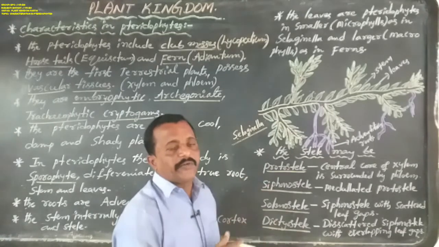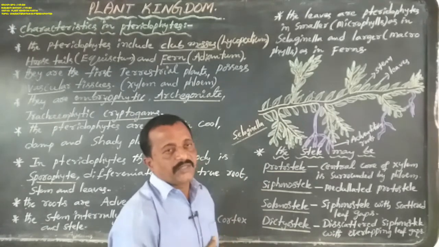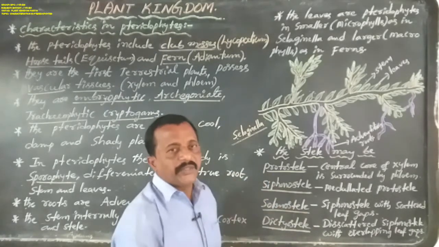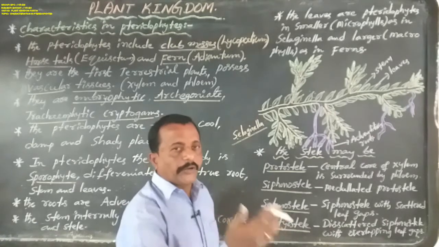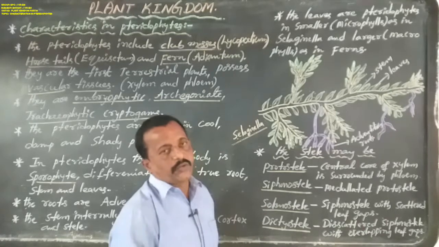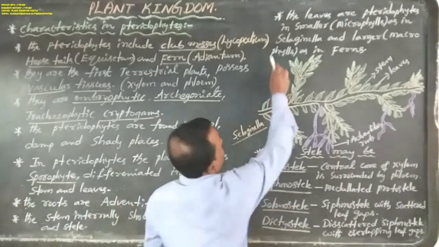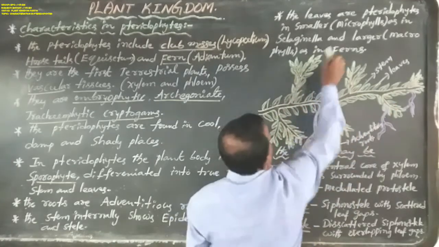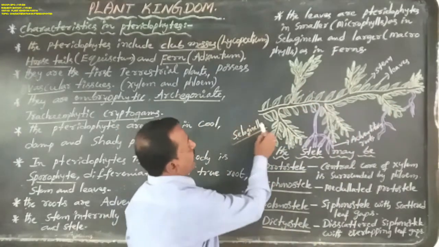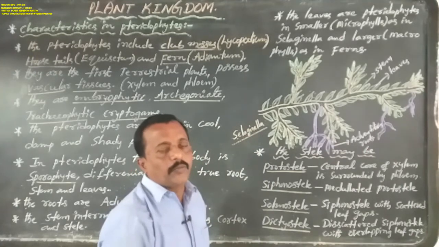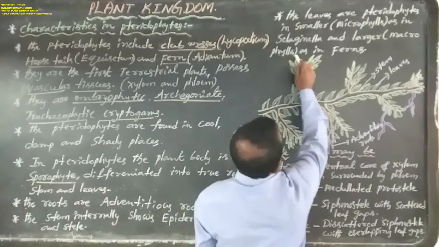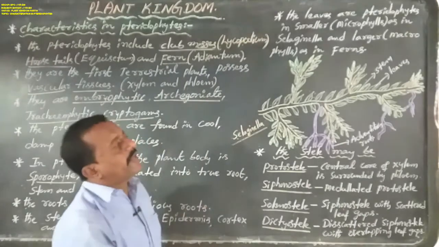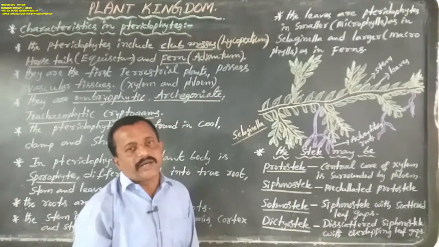First we will describe the pteridophyte stem TS. The transverse section of the stem internally contains epidermis, cortex, and stele. The leaves in pteridophytes are smaller, that is microphylls, as in Selaginella or Lycopodium, and larger leaves, that is macrophylls, as in ferns such as Adiantum and Marsilea.